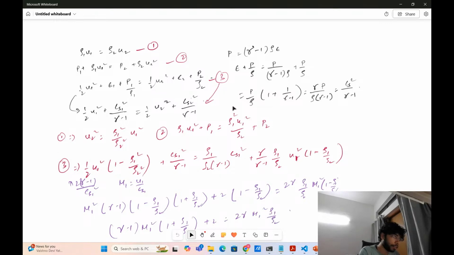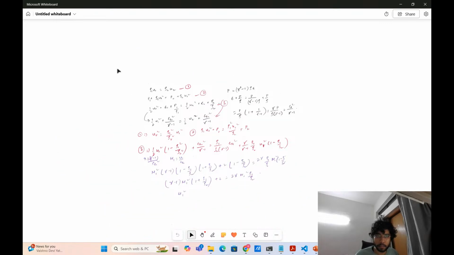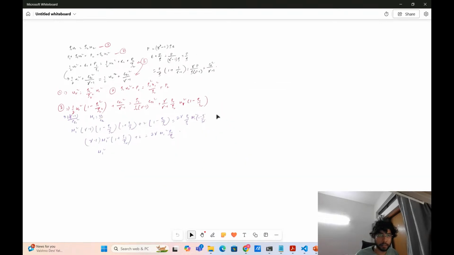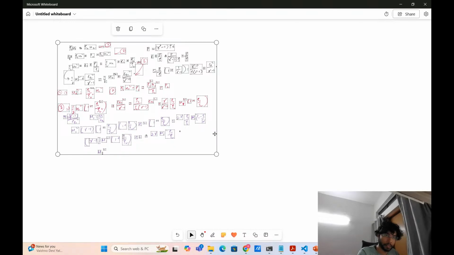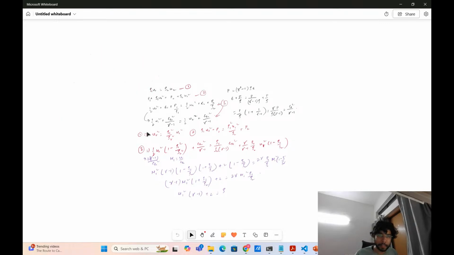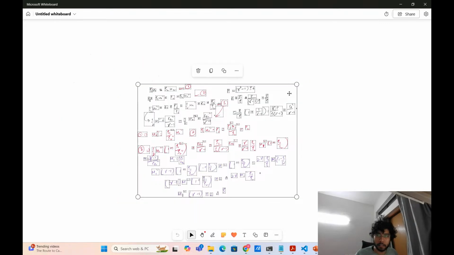And this will be m1 square gamma minus 1 plus 2. Okay, let me see.